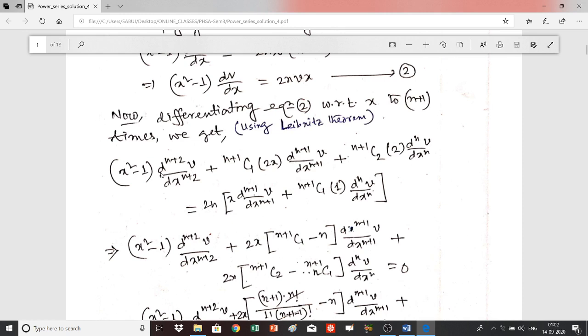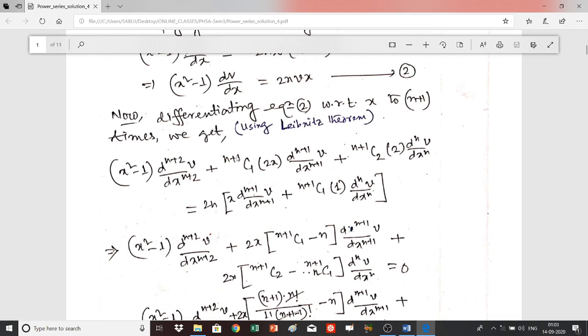So what is the differentiation of this term with respect to x, n plus 1 times, using Leibniz theorem? First, take this term as constant and differentiate this term n plus 1 times. So it is d^(n+2)/dx^(n+2) of v.